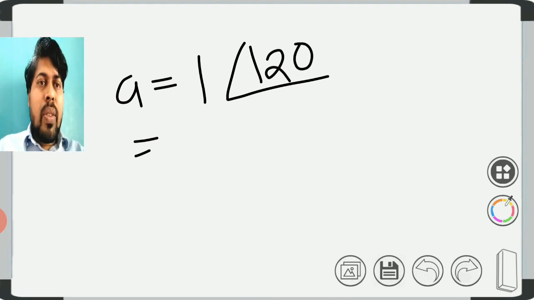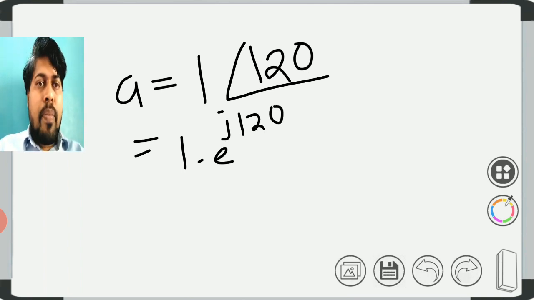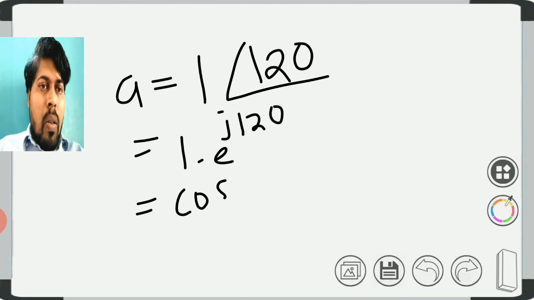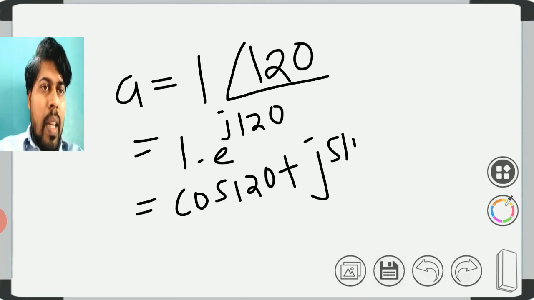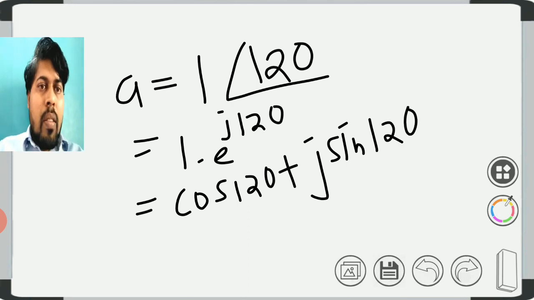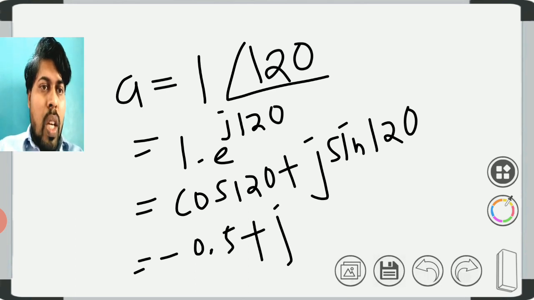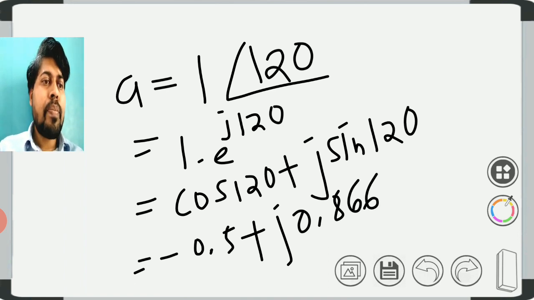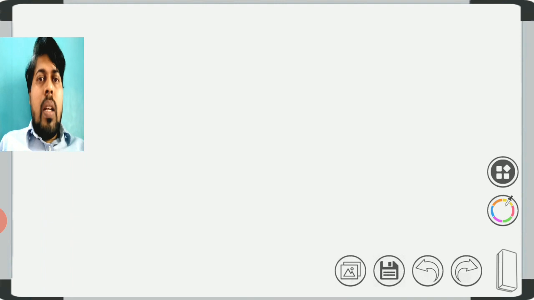It can be written as 1 dot e raised to j of 120 degrees, which is cos 120 degrees plus j sine 120 degrees. Further, it can be expressed as minus 0.5 plus j 0.866.